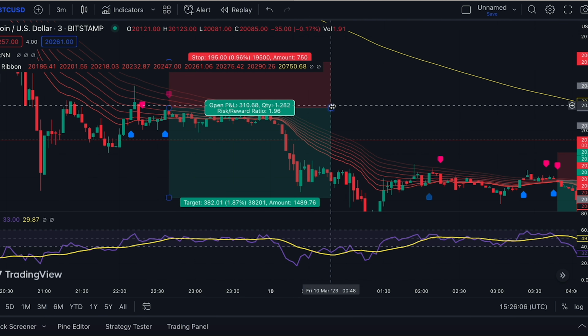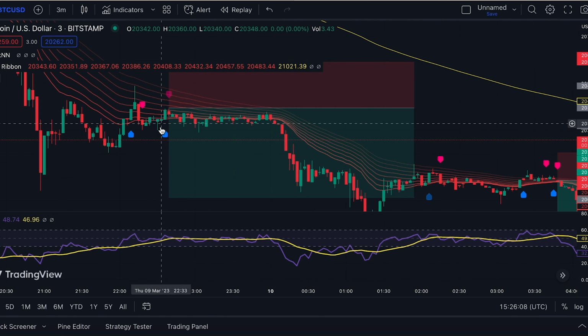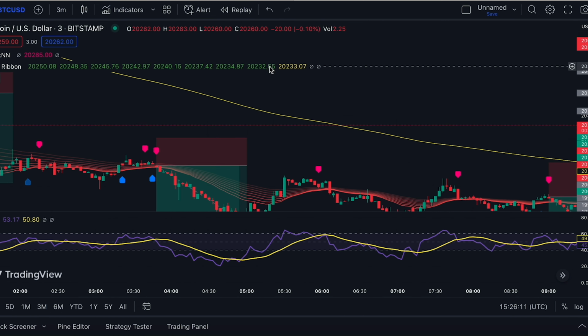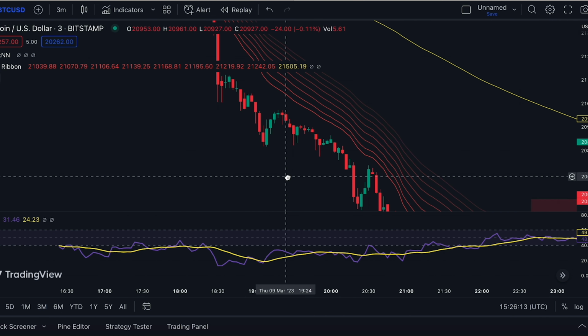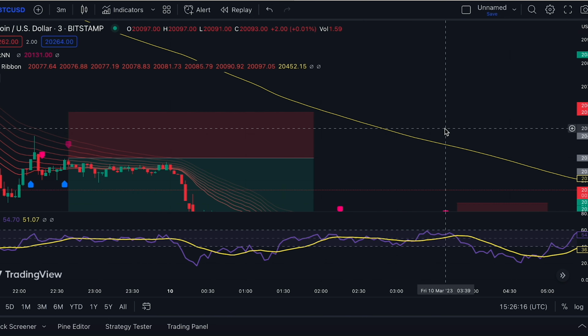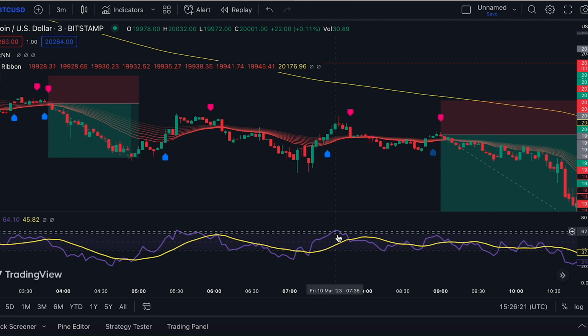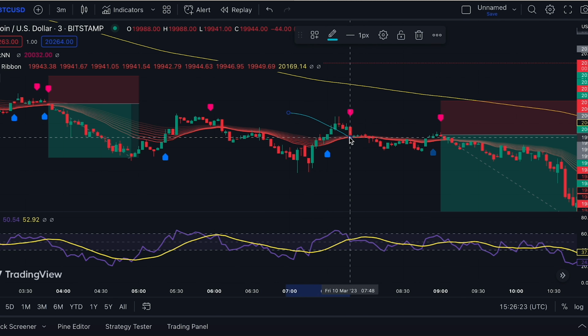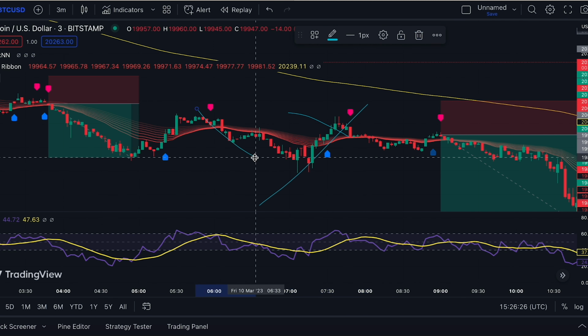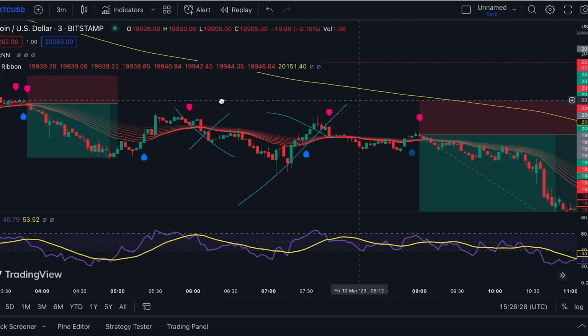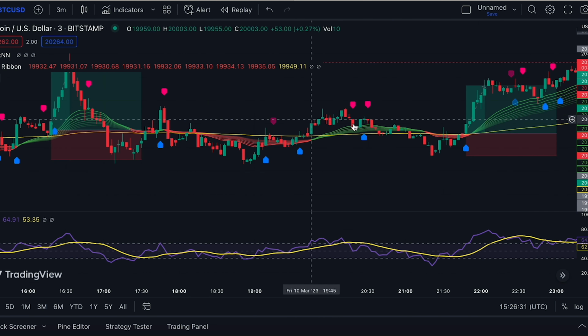As we can see, this EMA ribbon indicator provides buy and sell signals. Since we already have a machine learning-based buy-sell indicator on the screen, let's turn off the EMA ribbon signals. The EMA ribbon does a good job of removing fake signals, but there are still some, so we'll add the RSI indicator to our strategy to increase its accuracy.